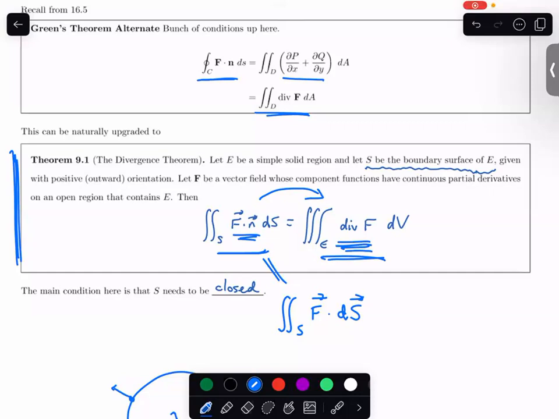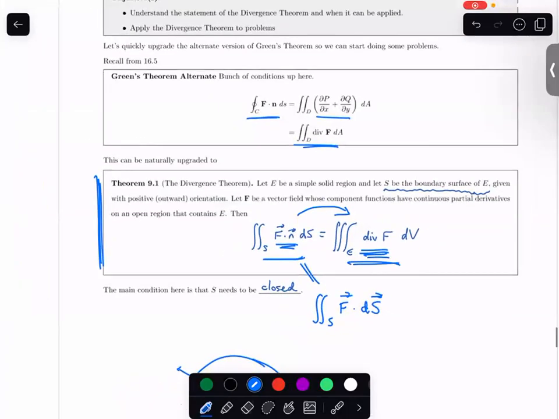For the surface integral for flux, this is equal to the triple integral of our divergence. So this is how we can take this 2D theorem, Green's theorem, and upgrade it to a 3-dimensional theorem. How can we do this in more dimensions? Well, that's going to be the divergence theorem. So again, the divergence theorem is just a 3D upgrade of the flux version of Green's theorem.